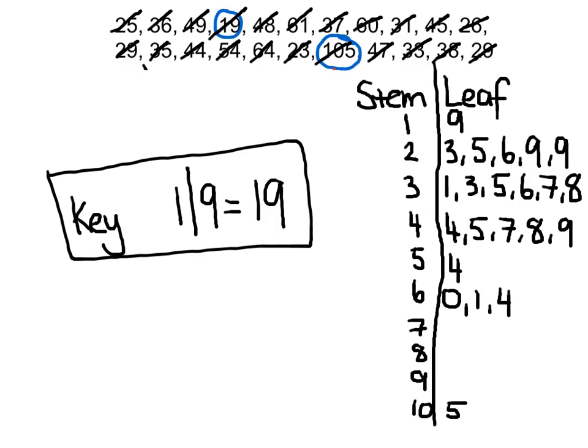Also looking at the stem and leaf plot, if I was to ask you, okay, what group of numbers happens the most? Well, you could probably tell me that 20s, 30s, and 40s happen heaps. But looking at that data set when we first started, it may have been a lot trickier to tell me that. And that's just two of the benefits of displaying data using a stem and leaf plot. It's really, really easy to pick out those two pieces of information.